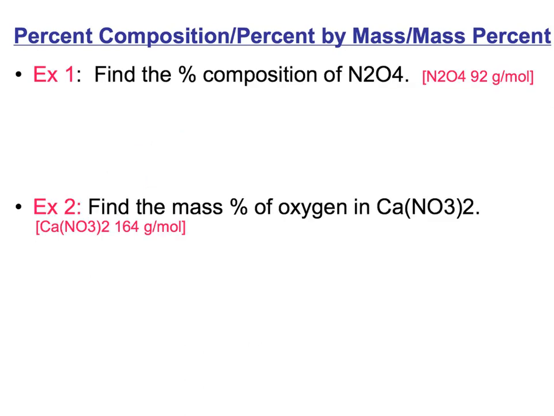So as an example, example 1 says find the percent composition of N2O4. So when it says find the percent composition, that means we're going to find both the N and the O. What I like to do is along the side, make myself a note that I need to find both. So what we have to do first is figure out how much nitrogen is in the compound.